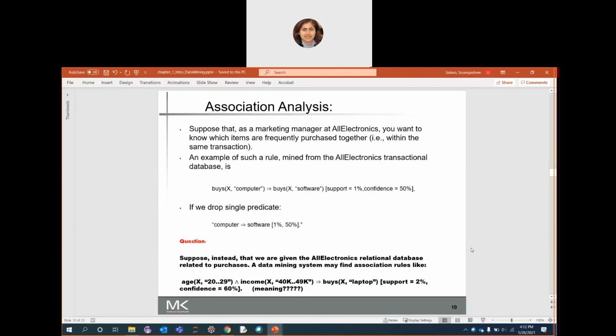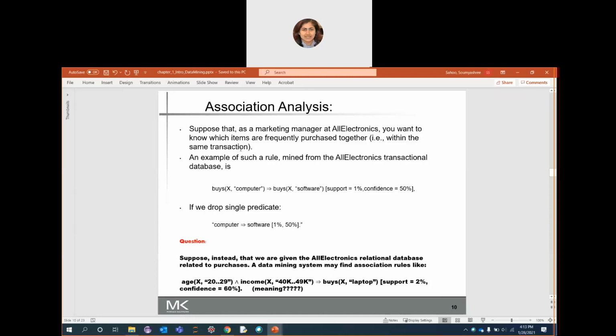Here we have the same AllElectronics store, and in the AllElectronics store, we are keeping track of certain information of items which are frequently purchased together in the same transaction. Here you can create rules based on the items frequently purchased together. Those are called rules.